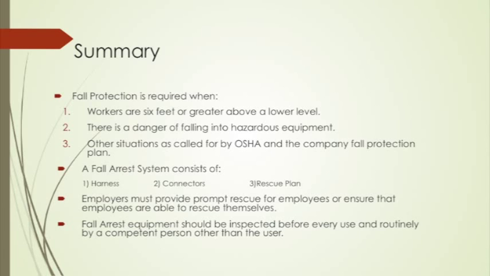Employers must provide prompt rescue for employees or ensure that employees are capable of rescuing themselves. Fall arrest equipment should be inspected before every use and routinely by a competent person other than the user.